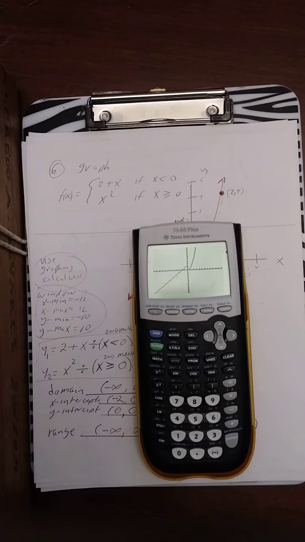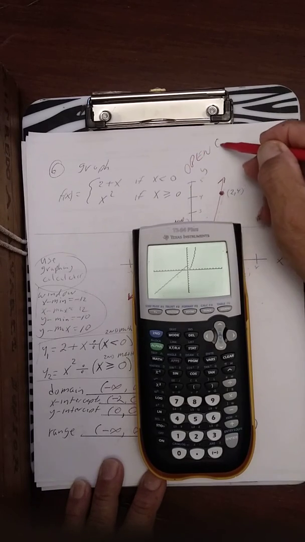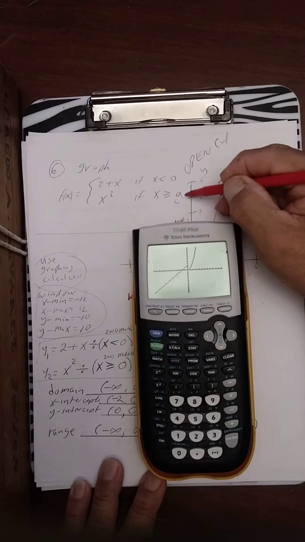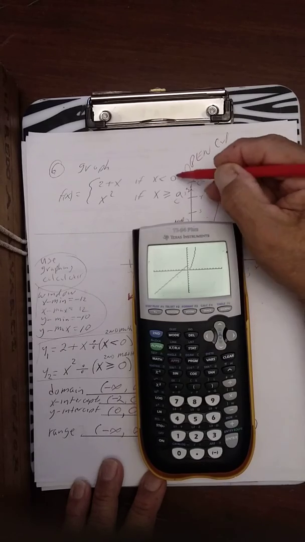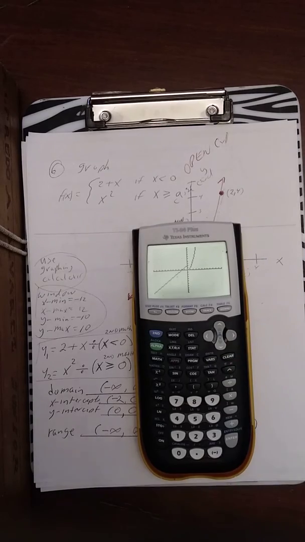Alright, so now we see what the graph is supposed to look like. Also notice that the left side is an open circle, and the right side is a closed circle. Open, closed. So we see what it looks like. So let's draw it on a big picture over here.